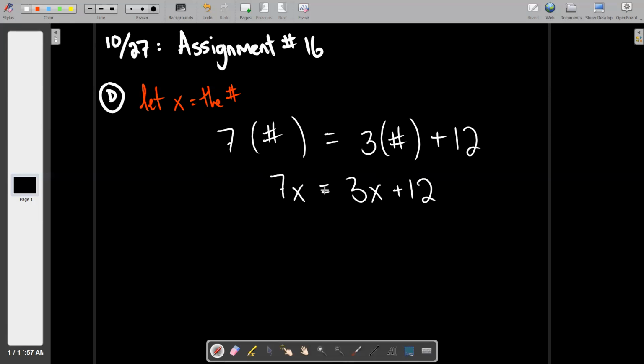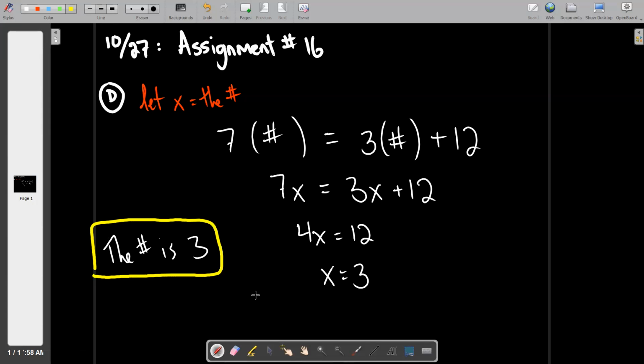And then, of course, solving this, you're like, that's easy. Who should we move? Totally the 3x. And remember that we subtract it. Don't dare put 10x. We subtract 3x, giving us 4x equals 12. X equals 3. The problem said, find the number. We could say the number is 3, put a box around that, and that is that.